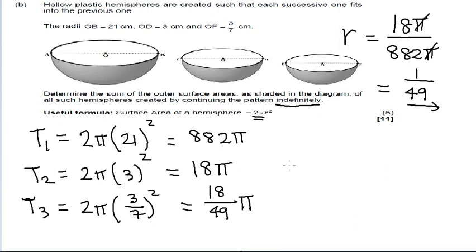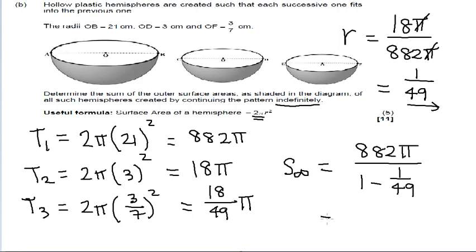So now I can use the S infinity formula for a convergent geometric series, which is A over 1 minus R. A is the first area, which is 882 pi, all over 1 minus 1 over 49. And again, we can leave our answer with the pi in it. So that's going to be 1 minus 1 over 49.